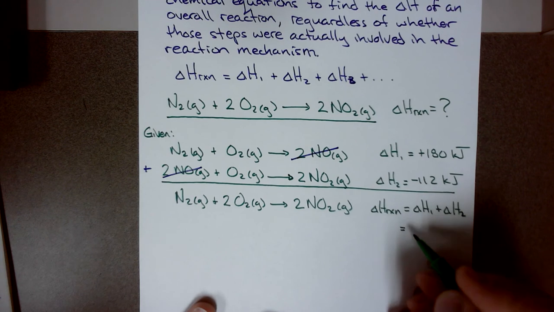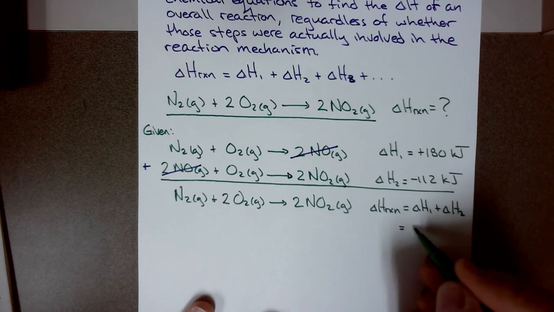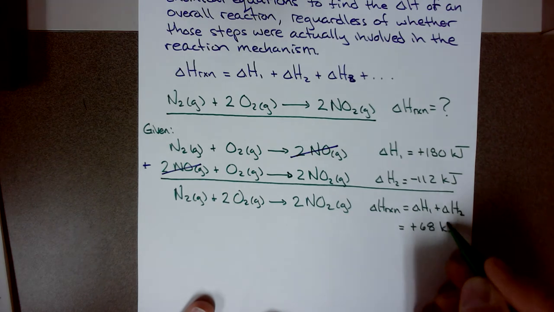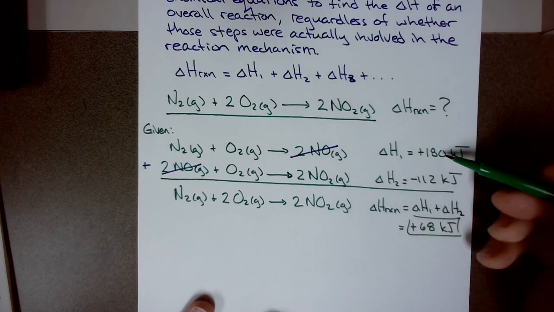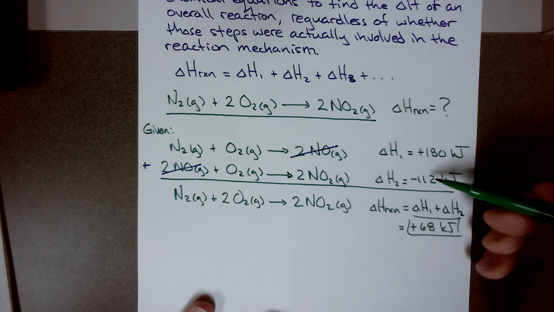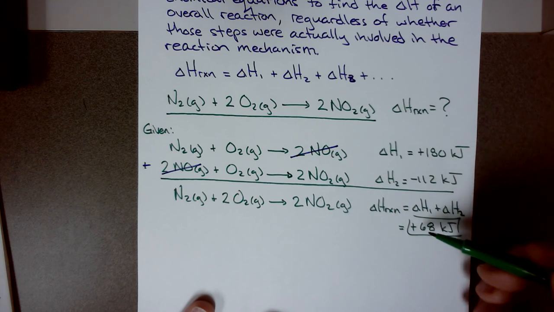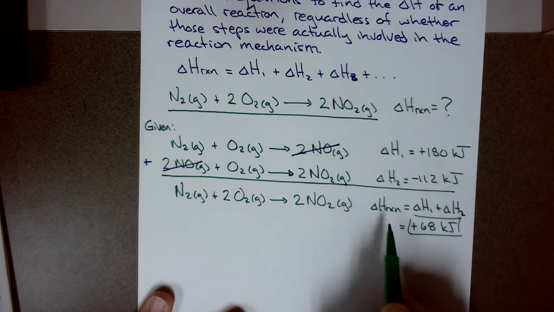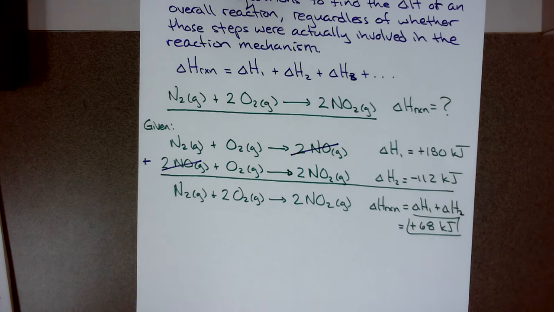Again, I just add 180 plus a negative 112, and that gives me positive 68 kilojoules for this reaction. Okay, now that is simple.